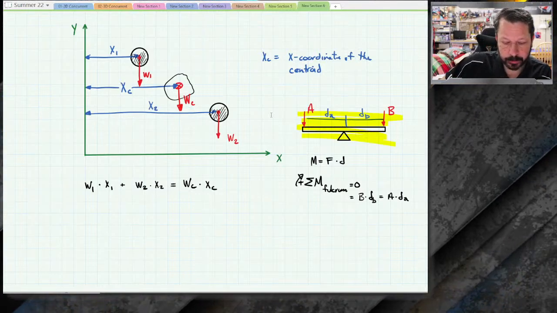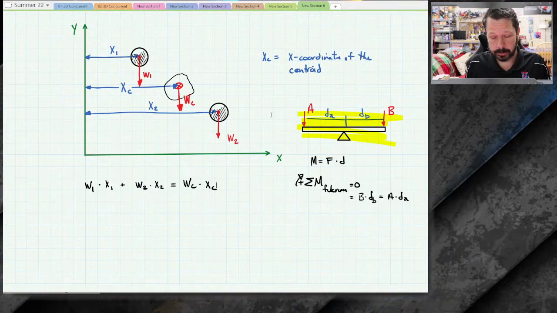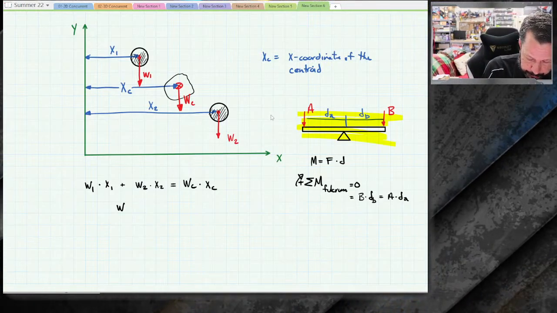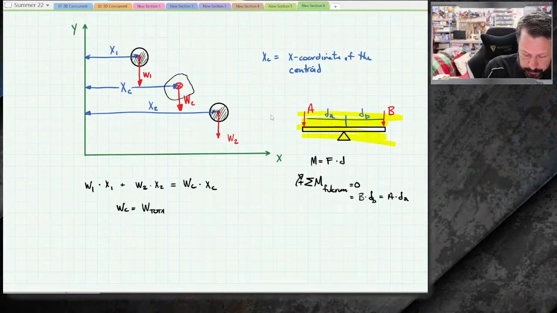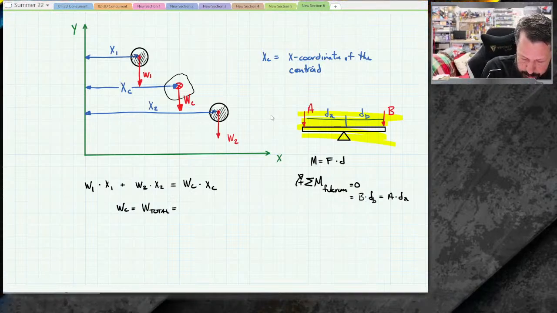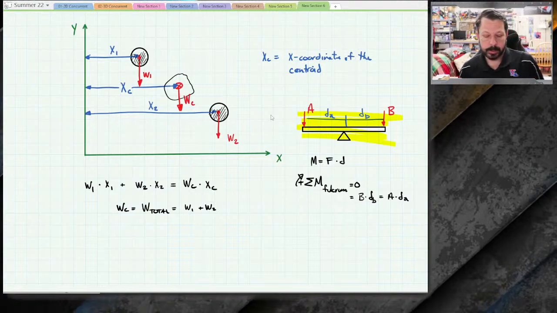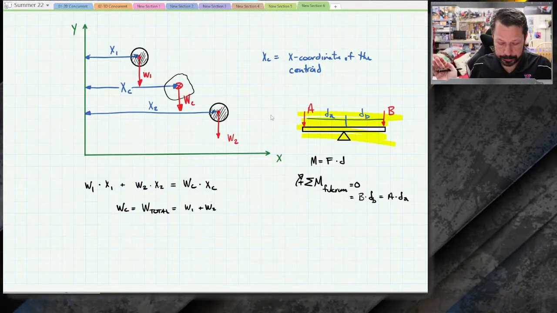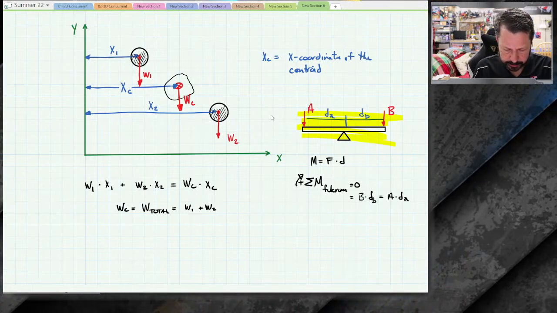Wc is the weight of this equivalent thing, so it's actually the total weight. So Wc is equal to the total weight of all the spheres in my group, which in my case is equal to W1 plus W2, because I only have 2 spheres here. But it's as many of them as I want. And what that will do is give me this equation.